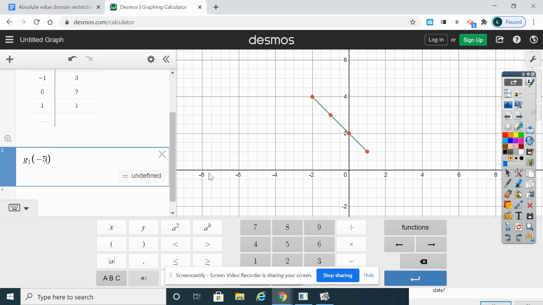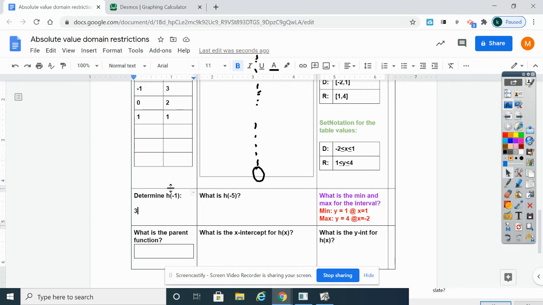It's because at -5, it's right about here, right? No line anywhere to be found, so it's undefined. That line stopped way over here. So if we come back, we will type does not exist or undefined, works for me.